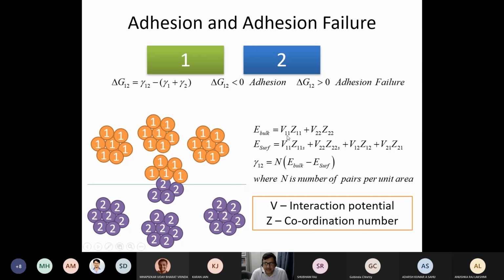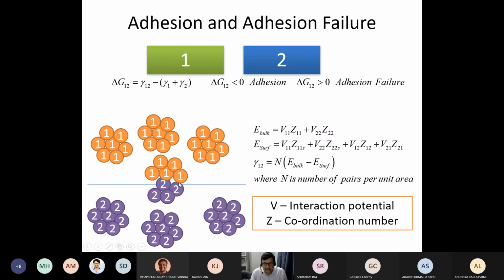This is in the bulk and this is at the surface. 1, 2 means 1 is feeling in presence of 2. 2, 1 means 2 is feeling in presence of 1. So this is the total energy at the surface.